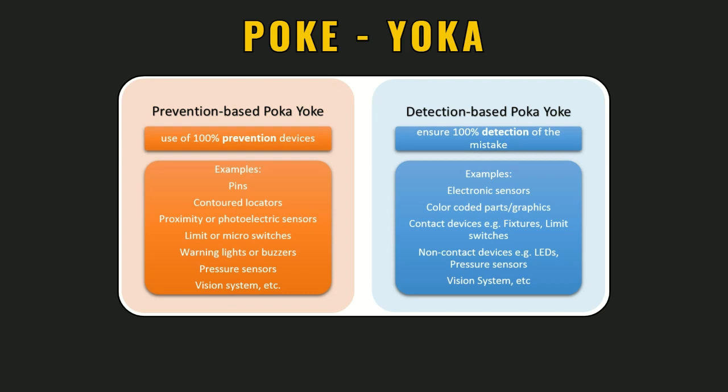Detection-based Poka-yoke is where you're ensuring 100% detection of the mistake. This is where you'll have electronic sensors, color-coded parts, contact devices, fixture limit switches, non-contact devices such as LEDs or pressure sensors, and then you have visual systems that can help us detect if an error occurs.